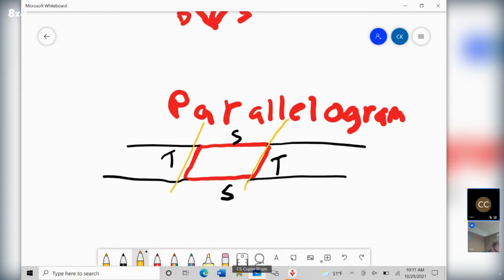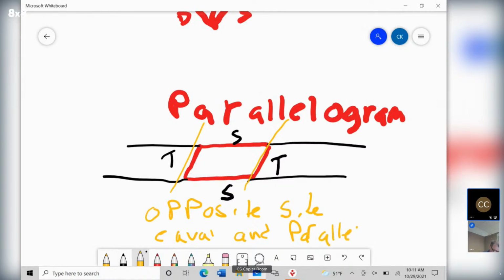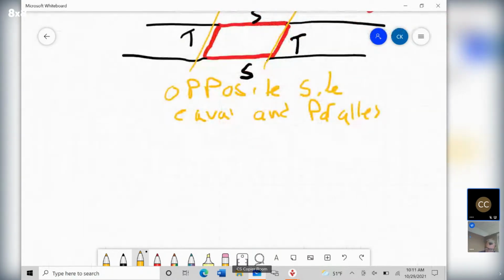So opposite sides of a parallelogram are equal and parallel. And the last one I want to look at is what we call a trapezoid.